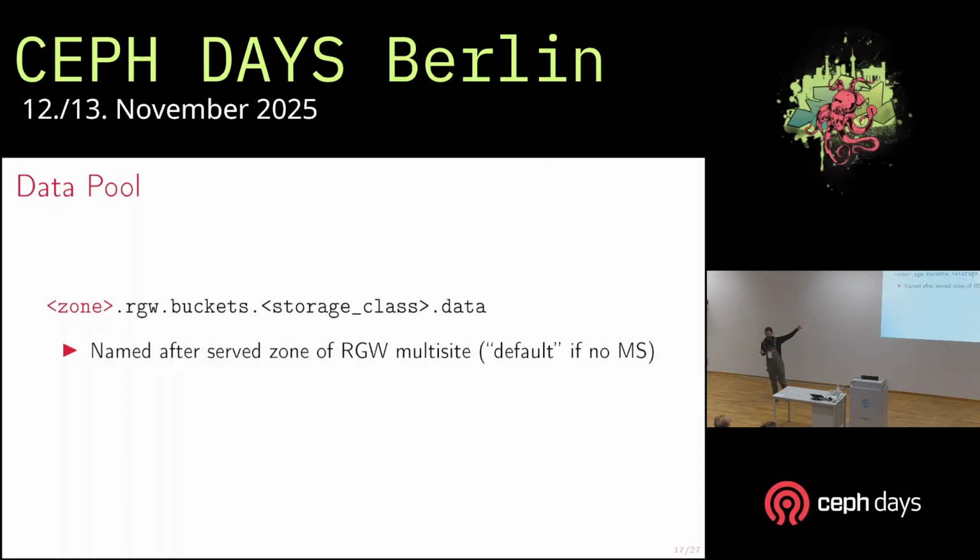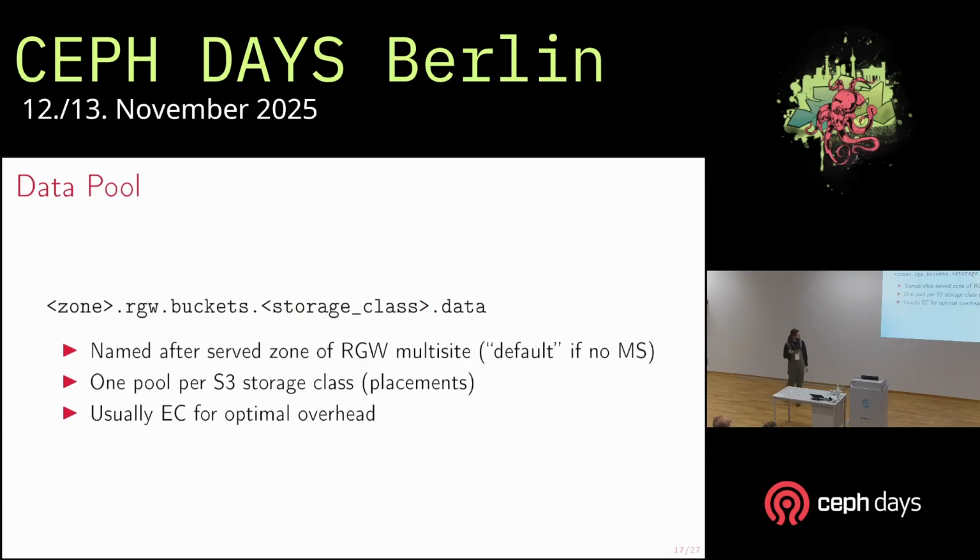Again, zone name, then the storage class. In most cases, it's just default or standard, whatever you configured. But if you have like 3 storage classes, then you have like 3 pools created for you automatically, and the data ends up in 3 different pools. Usually, you want to use erasure coding, obviously. There's an example with the famous high availability zone.